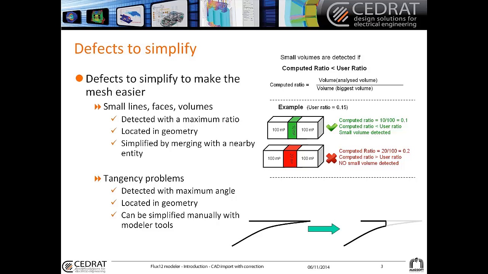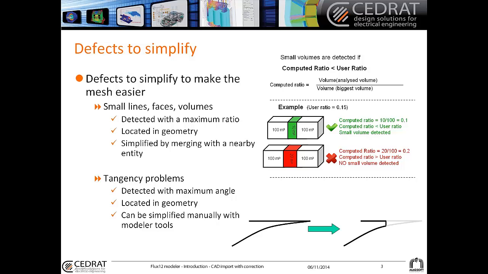If we look at this image, we can see that we detect a small volume if the computed ratio is lower than the user ratio. The computed ratio is equal to the analyzed volume over the biggest volume of your geometry. For example, if we have a user ratio of 0.15, here we have a small volume of 10 cubic meters.